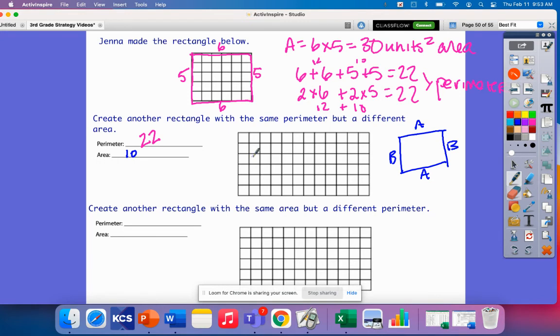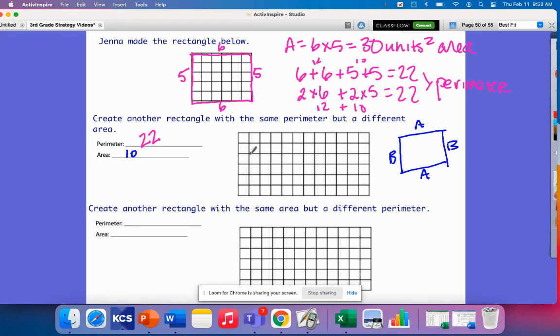Another one would be, let's see, 1, 2, 3. Let's do a 4 by 7. Would this work? 1, 2, 3, 4, 5, 6, 7. Is that 7? So if I have 7, 7, a 4, and a 4.